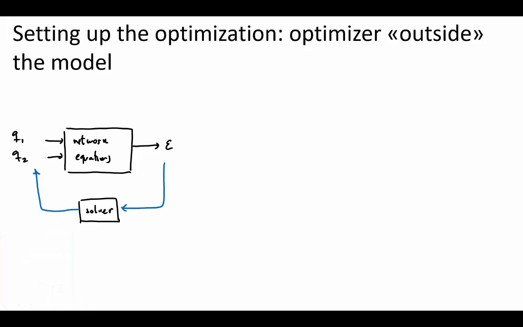The frequencies are someplace here, frequency 1 and frequency 2. We have that in place, we know how to do it. Then we create an extra layer that is the optimizer.